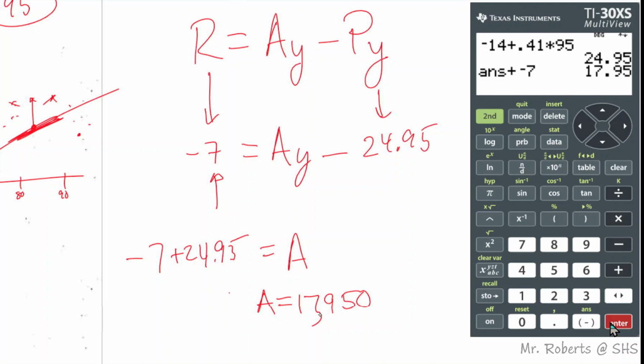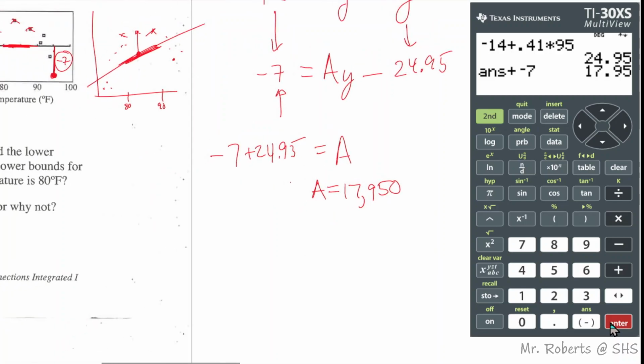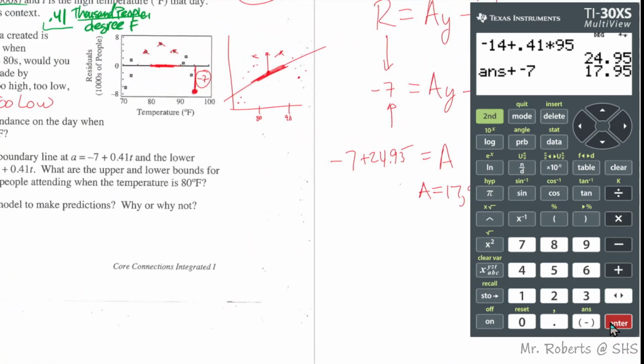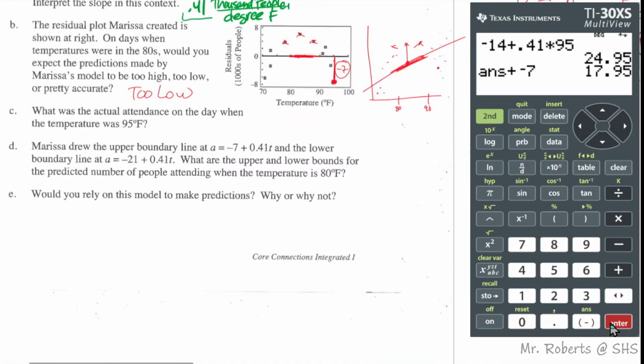I wrote it in the thousands, so the number would be 17.95. You can see on my calculator screen, the actual attendance that day was 17,950. And then finally, would you rely on this model to make predictions? Why or why not?